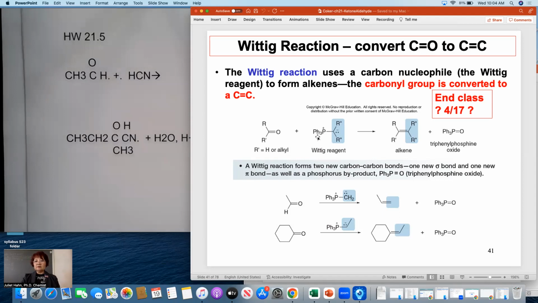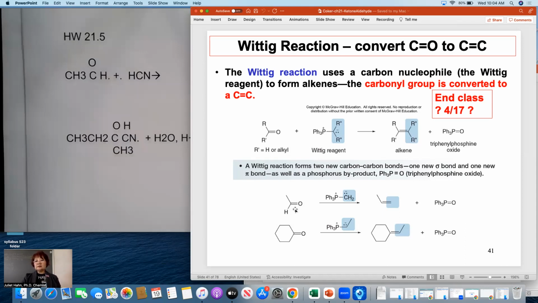It has triphenylphosphine. It's a ylid, so it's got a positive charge on the phosphorus and a negative charge, a carbanion, on the carbon that eventually becomes this carbon. And then it has whatever R groups you happen to have on the original alkyl halide that you start your reaction with. And then you end up with an alkene.